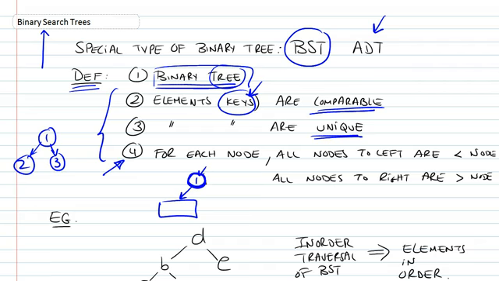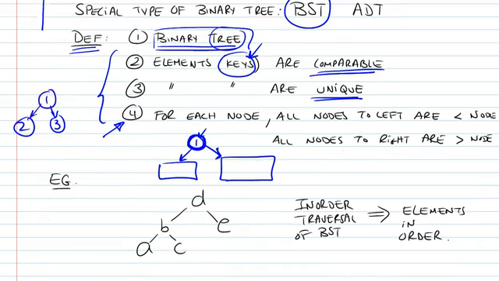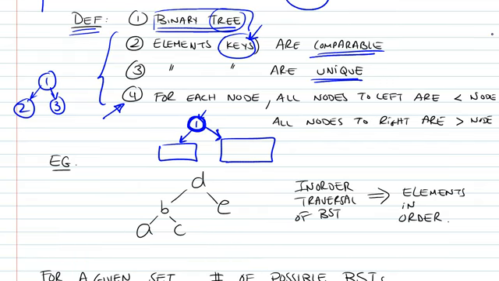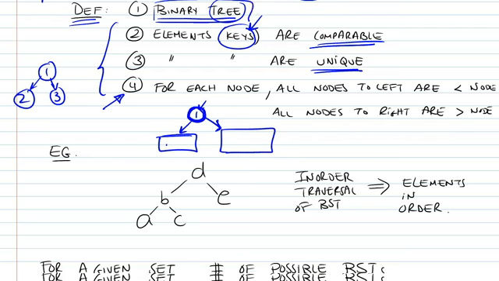And all the elements to the right will have a key that is larger than the parent node. This is a very important property of BSTs because we can just scan through our tree going from left to right, and we will get the elements of the tree in their proper order.